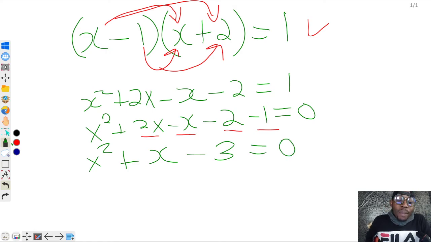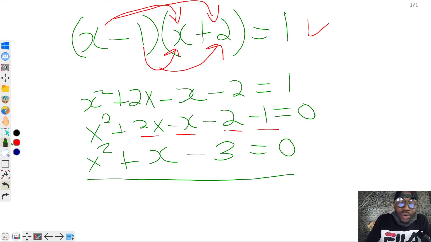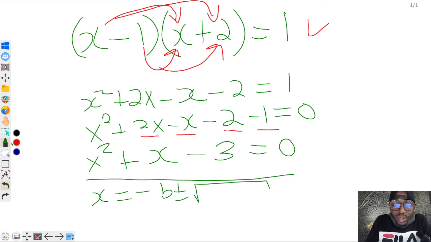So unfortunately we cannot factorize this one. So we're going to leave it here. What I will advise you to finish up with this is to just use the quadratic formula, which is like this.